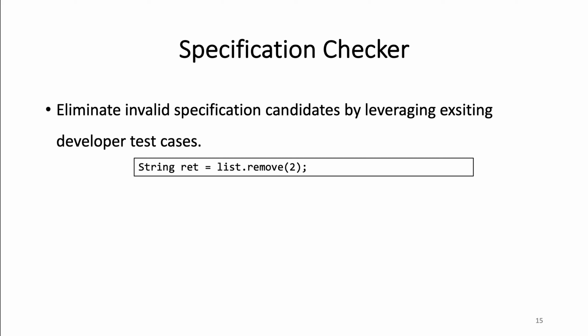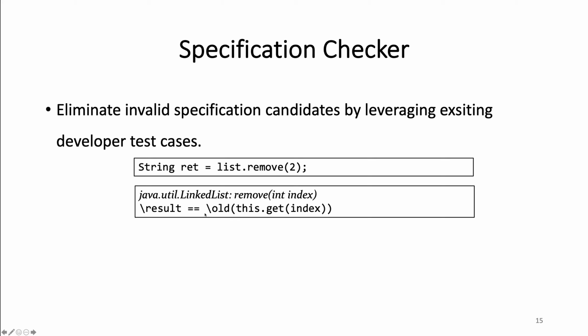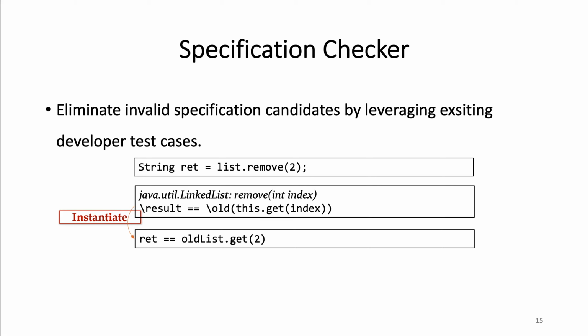This statement here is from a test case written by developers, and our system generates this specification for the method remove. Here, \old means the value of its parameter before executing the method remove. We first instantiate the specification by substituting general information with concrete information.